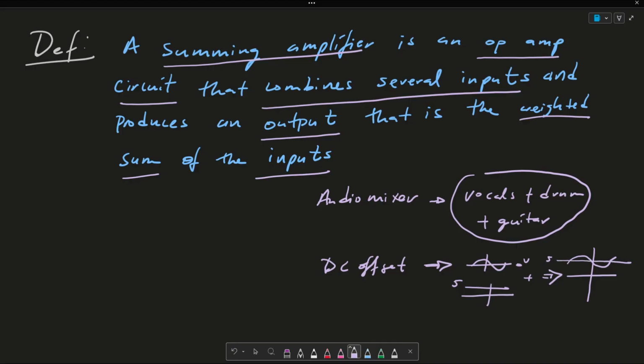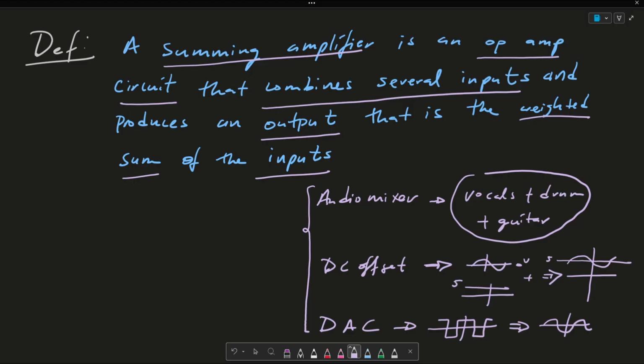And the last use case that I'll talk about is what's called a digital to analog converter. This is a case where you have a digital signal and you want to convert it into an analog signal. Again, these are just high-level examples of where you can use a summing amplifier.